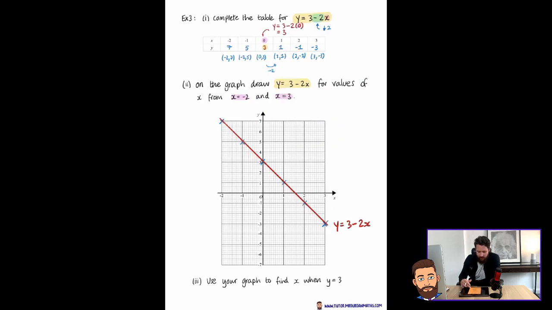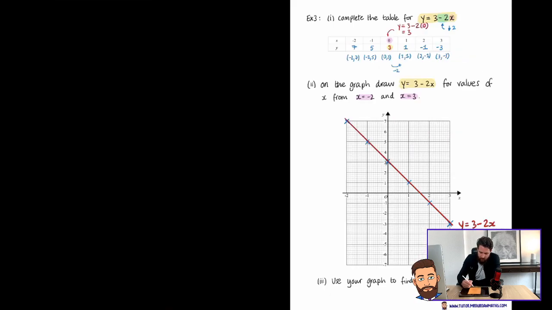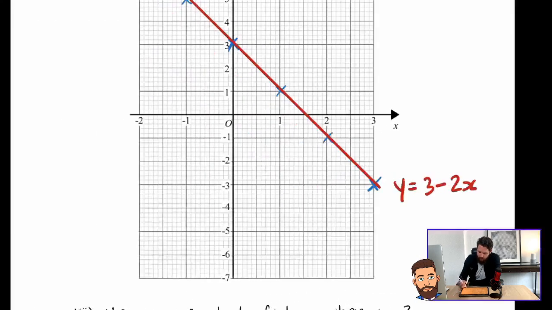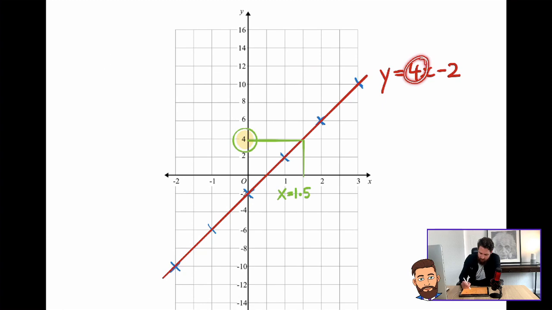Hopefully you can see instantly that this one's going up and this one's going down. The only factor making that happen is that this is a -2x whereas this one is a +4x.